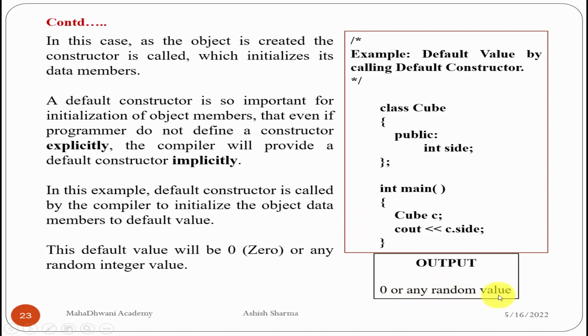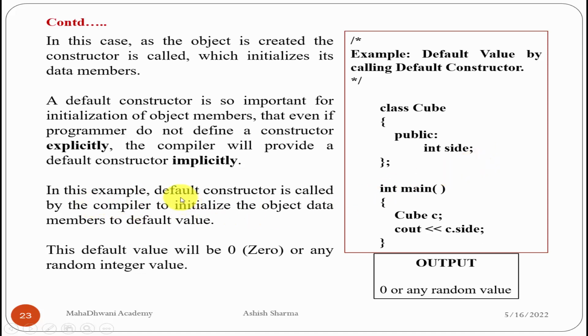The value is supplied by the system, so it is called a random value, but it will be of integer type. This means we are not using a constructor to initialize the value, but by default the system plays a role in the background, and the constructor is defined by the compiler implicitly, automatically.